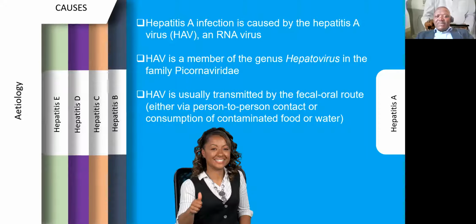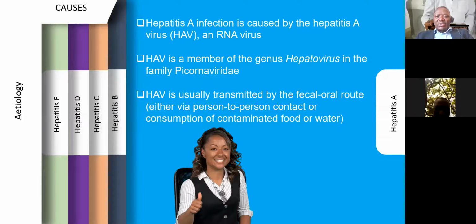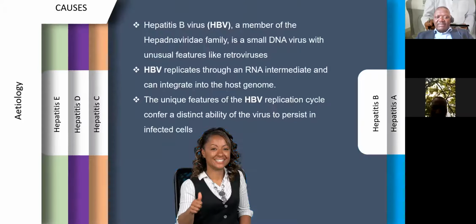So hepatitis A virus is a member of the genus Hepatovirus in the family Picornaviridae. It's usually transmitted by the fecal-oral route, meaning that somebody who has contaminated their hands and then contaminated another person, or has drunk water that is contaminated by the hepatitis A virus will get the infection, okay?